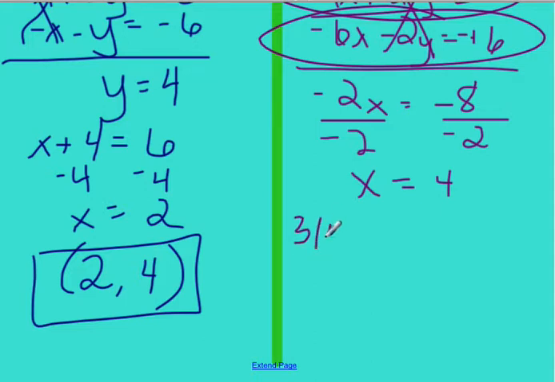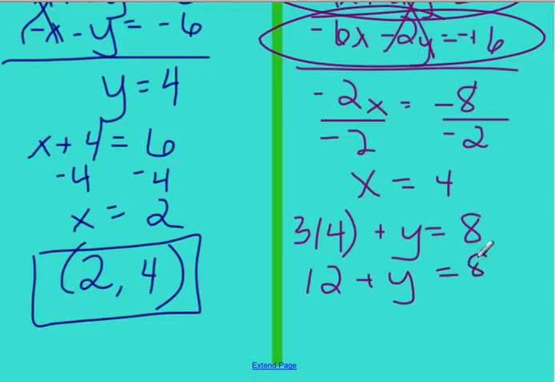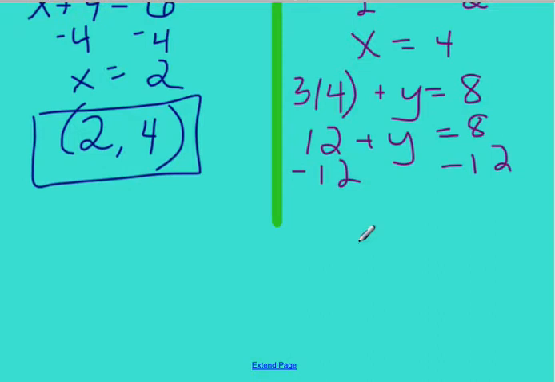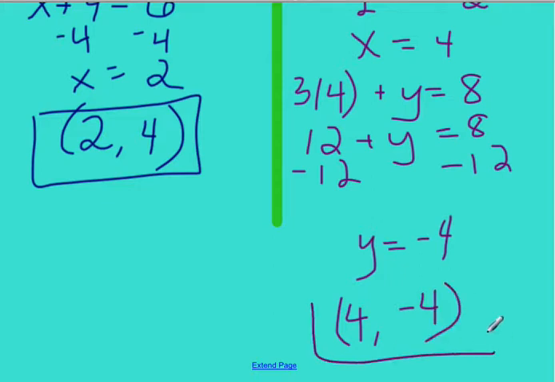So I'm going to do 3, and instead of writing x, I'm going to put a 4. So 3 times 4 plus y is equal to 8. Then I get 12 plus y is equal to 8. I'm going to subtract 12 from both sides, and I end up getting that y is equal to -4. So then my point is going to be (4, -4) as my solution for number 2.